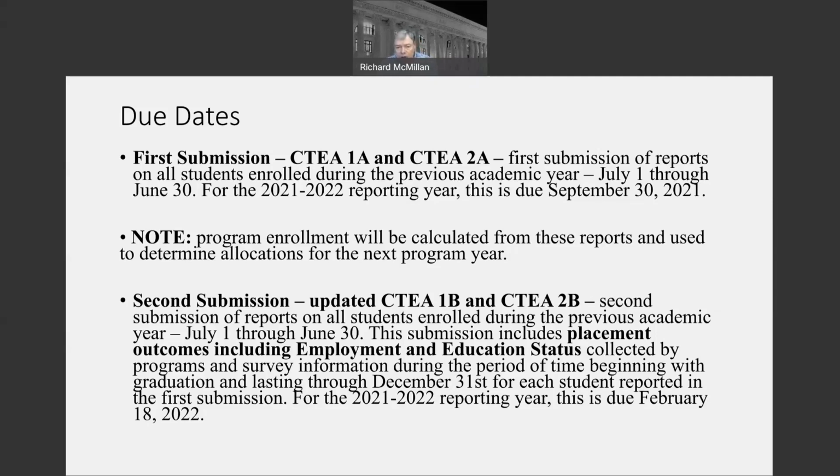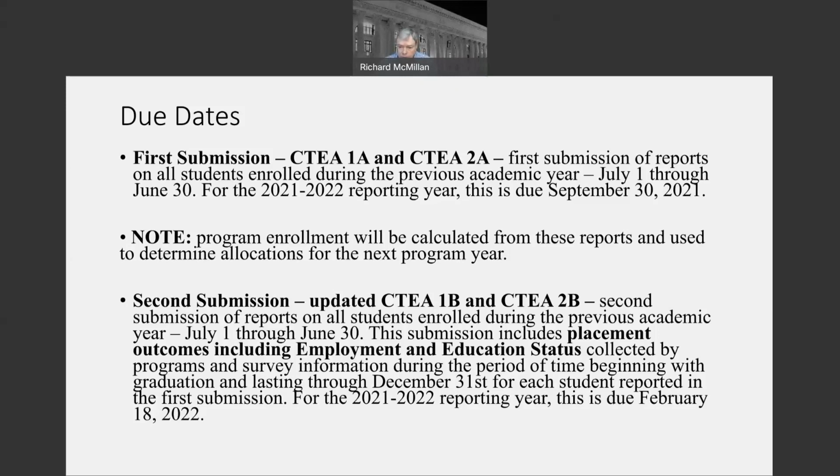You need to have your final enrollment count established by the time you file the CTEA 1A form by September 30th, 2021. And again, allocations, the amount of money the program receives each year, is determined from program enrollment. Specifically, data on students who suffer from economic disadvantage.